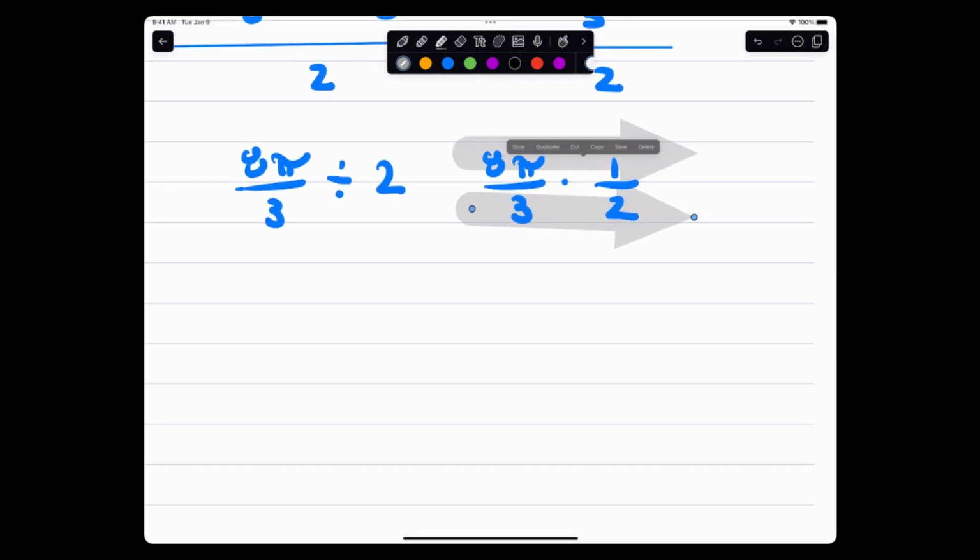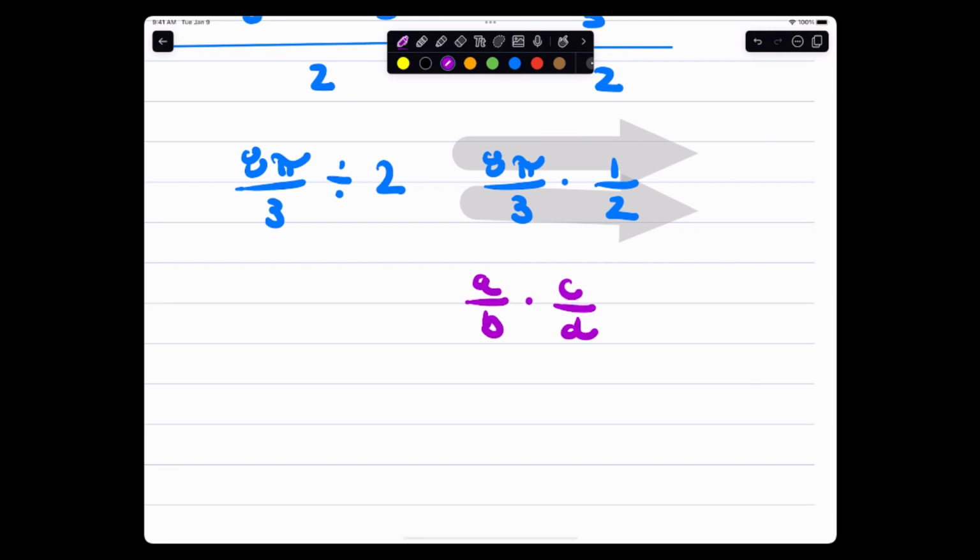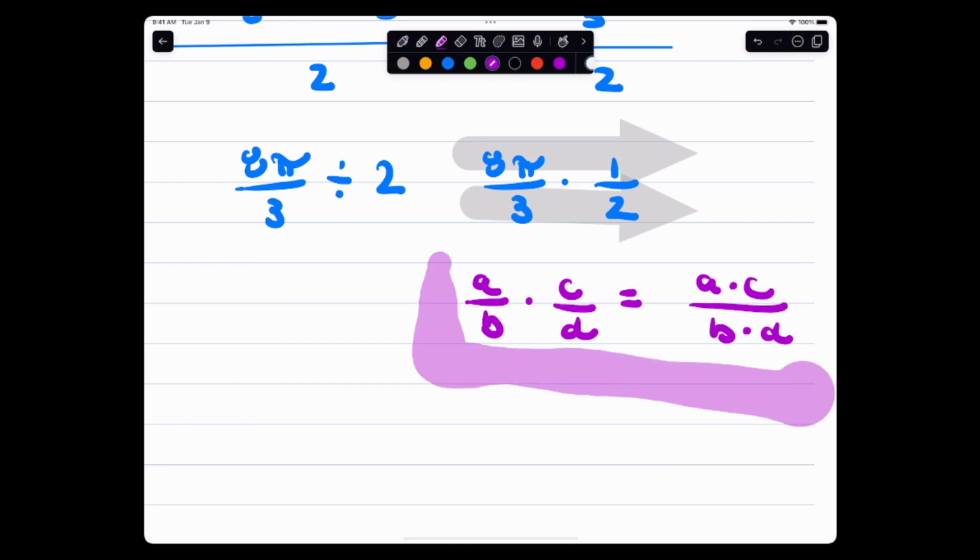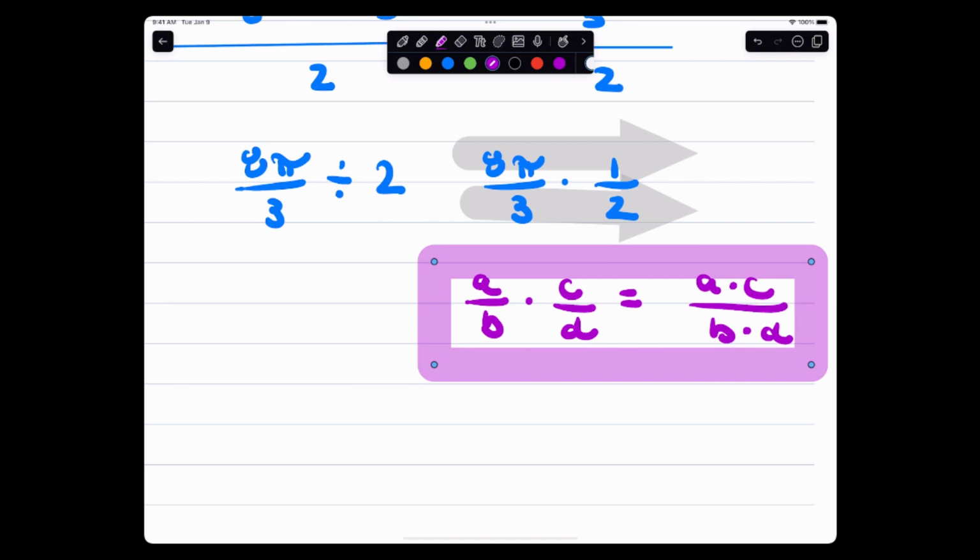So when you multiply your fractions, is there another algorithm we do? Yeah, remember I gave that to you guys the other day? How do you multiply fractions? I'm going to give you an algorithm. A over B times what? C over D. What did I give you guys the other day? It's A times C over B times D. So you're now going to get what?